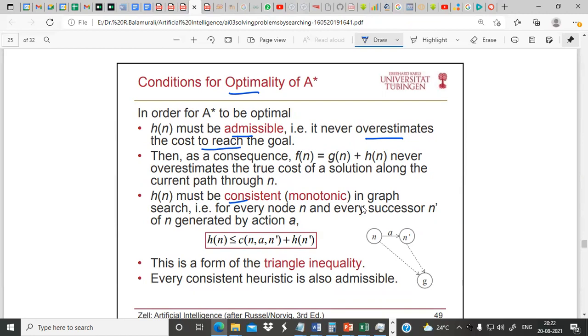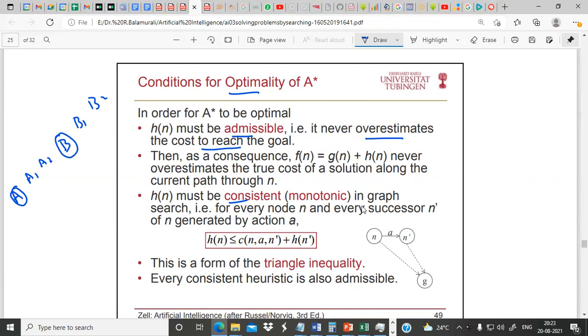Say for example, you are currently in this state A. Say you want to reach the state B. Say before B there is a state called A1, and here there is another state A2. After B there are states called B1 and B2. Right now, this is the initial state, this is the goal state.